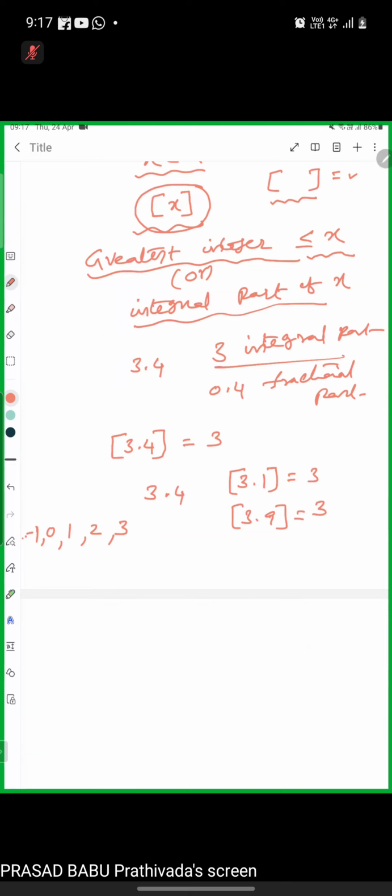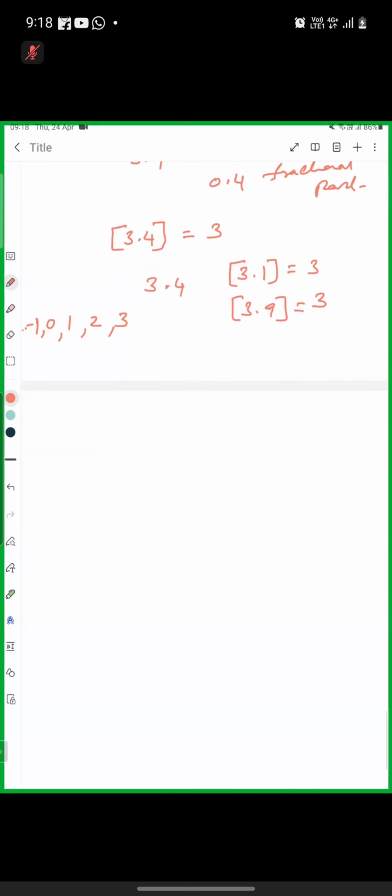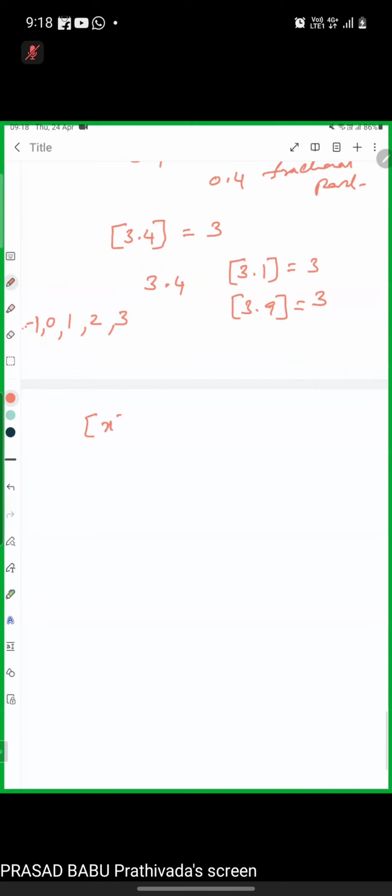So from the definition of the integral part function, or step function, or greatest integer function, we have this conclusion: the integral part of x is 0 if x lies between 0 and 1. 0.1, 0.001, 0.3, 0.4, 0.5, 0.9999999. Its integral part is 0.